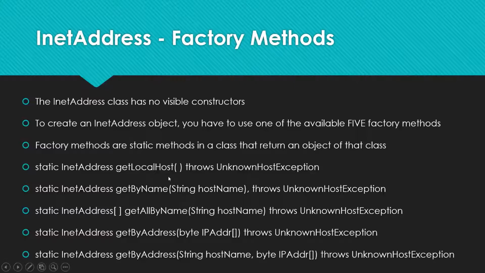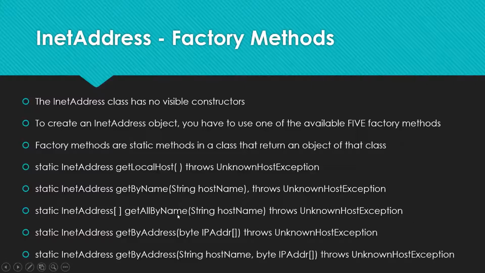First method is getLocalHost. It will give me the InetAddress of my own machine. Second method is getByName. This method will give me the INET address of the host name which I have specified. As you know, in the program, I specified the name www.msbt.com. Third method is getAllByName.